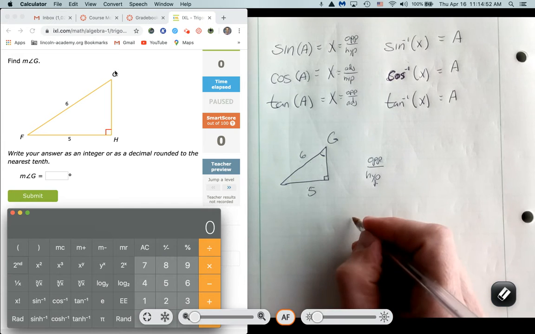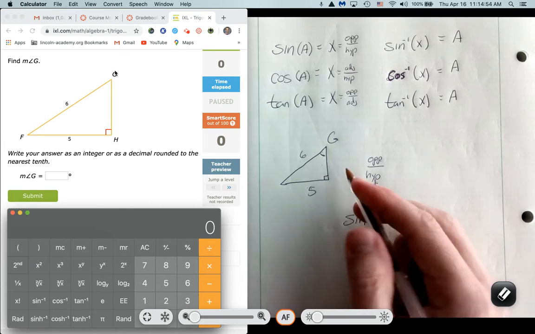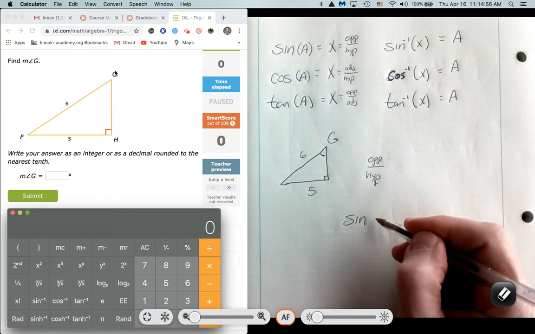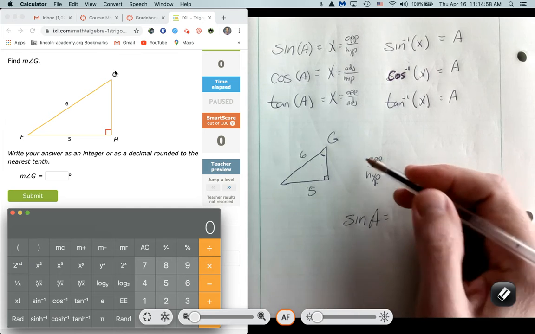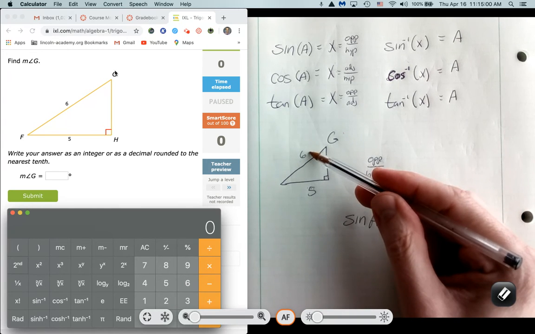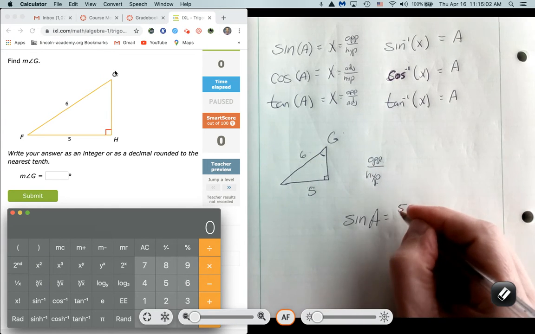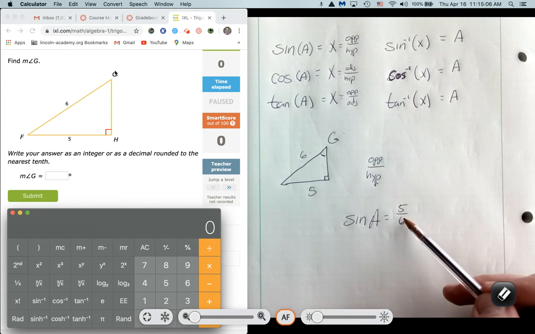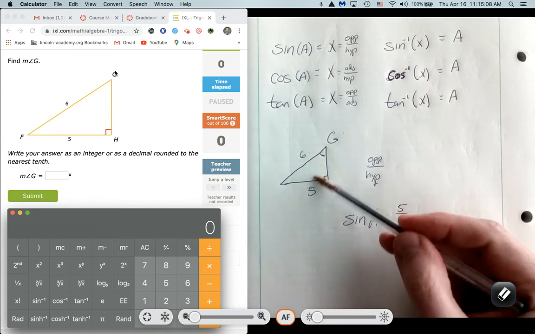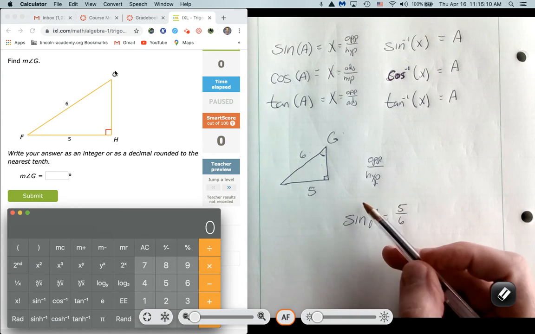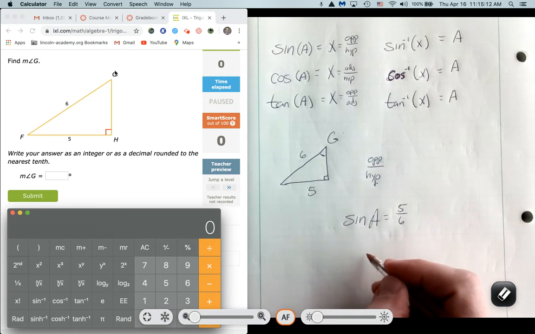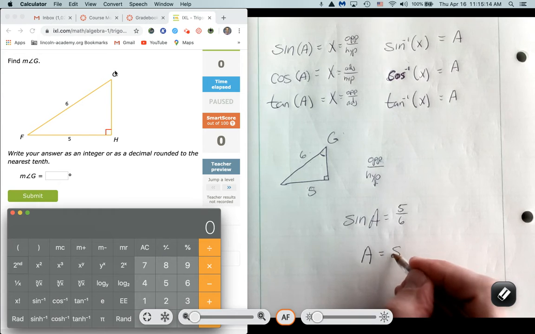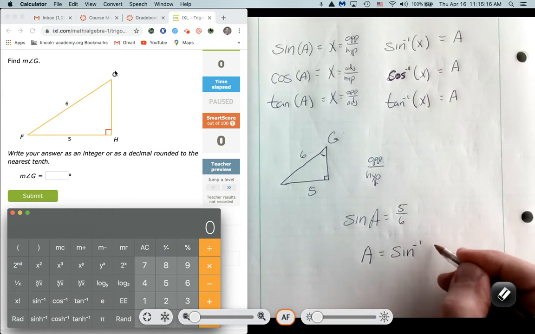So the sine of G, whatever that angle measure is, is this ratio of opposite over hypotenuse, 5 over 6. What I want to do though is find A. I already know the ratio, I can see it here. It's asking for this angle measure. So A is going to equal the inverse sine of 5 over 6.